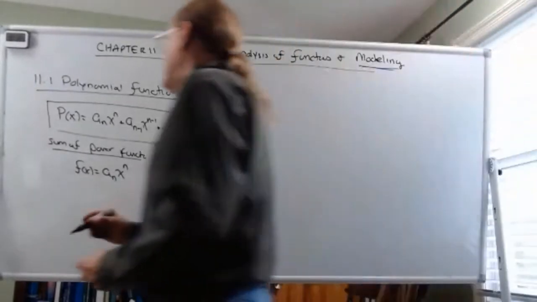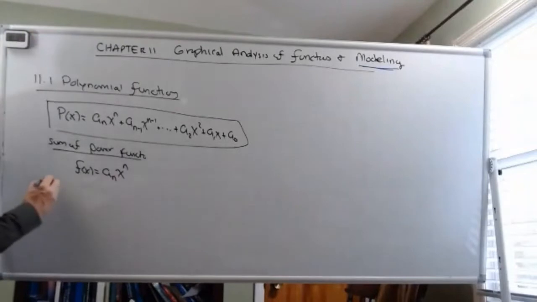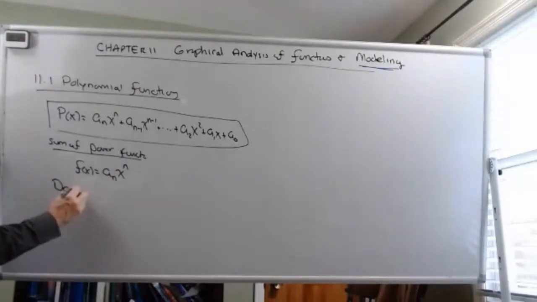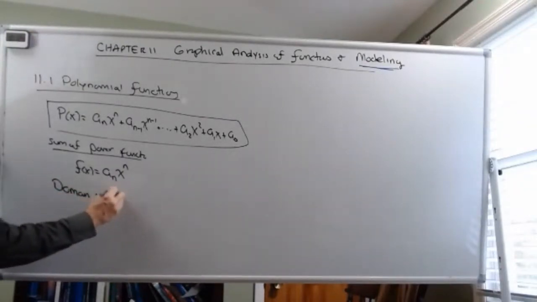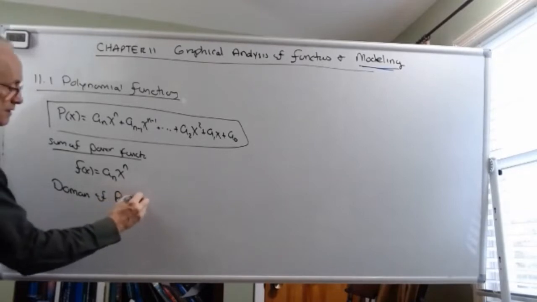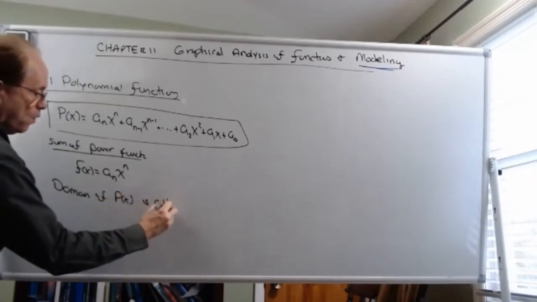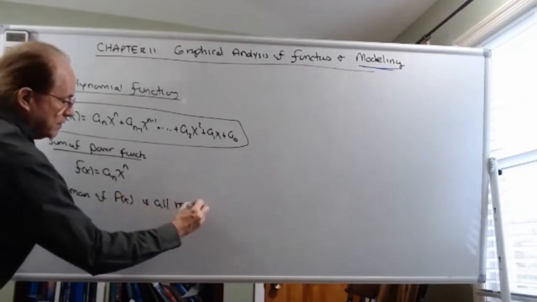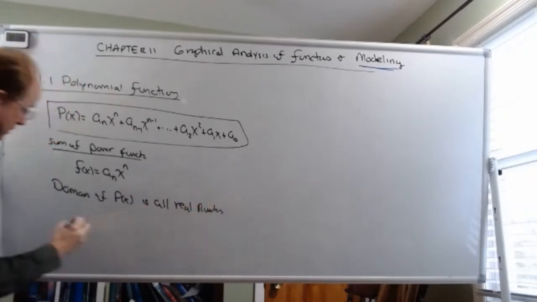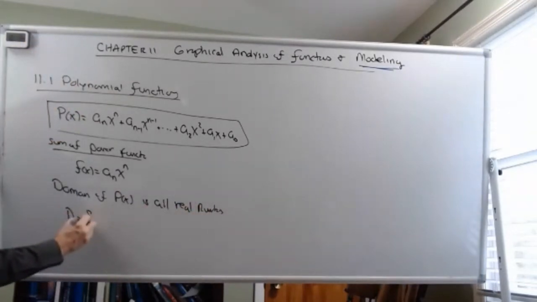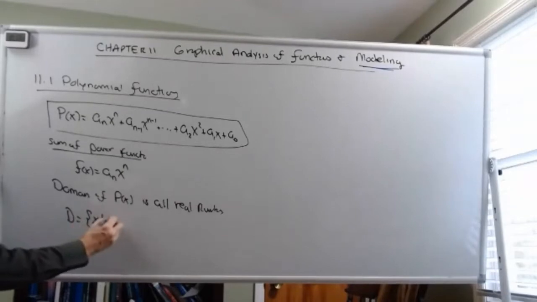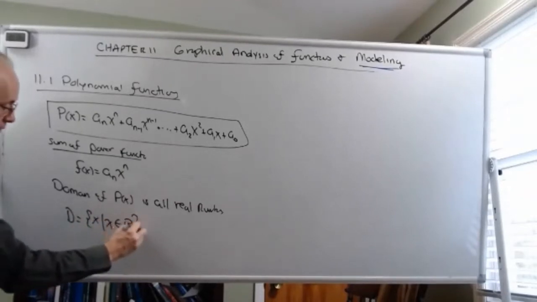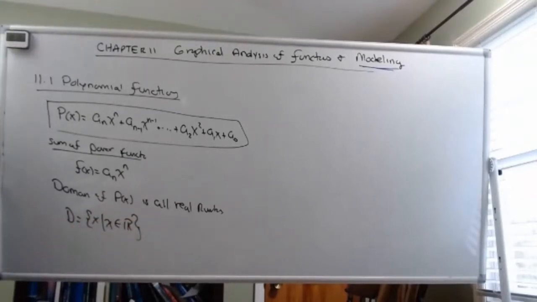So the nice thing about it here is that the domain of p of x is all real numbers. So the domain is the set of all elements x such that x is a real number. That's all it is, very simple.